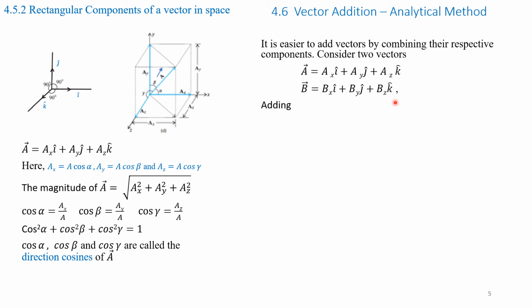So we have to add A and B. Adding, we get A plus B is equal to (Ax plus Bx) I plus (Ay plus By) J plus (Az plus Bz) K.